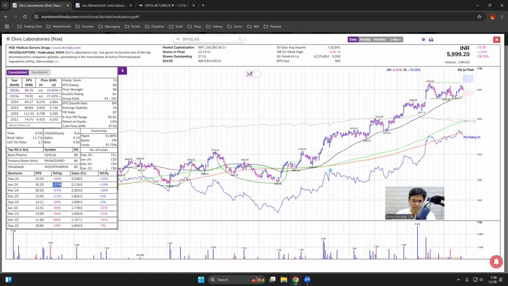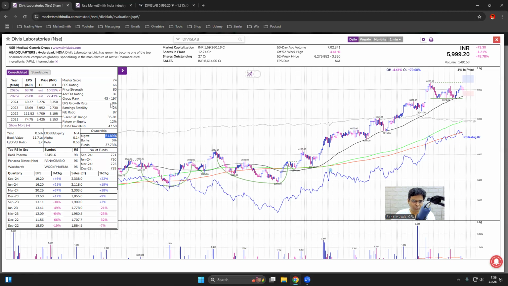One problem with the stock I see is the number of funds, the number of institutions holding the stock has declined from 739 in December to 721 in September. So that's one negative. Management ownership is 51.89%. So promoter ownership is very good. Anything more than 50% is very good.